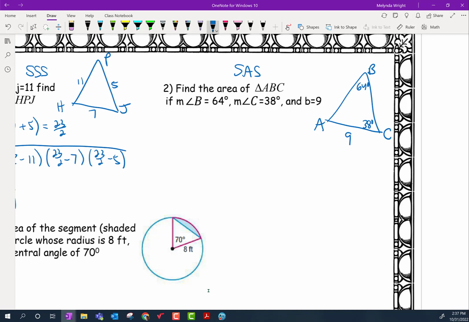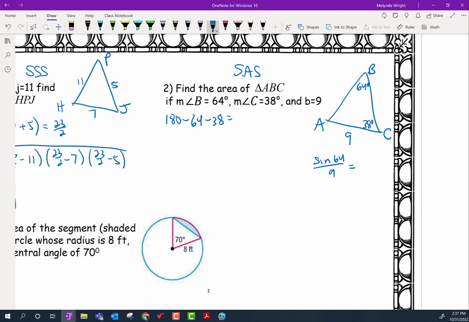Is that all right with y'all? So I know I can set up like sine of 64 over 9 equals, it doesn't really matter. I think I set it up. So I'm going to add these three together. And so I got 180 minus 64 minus 38.